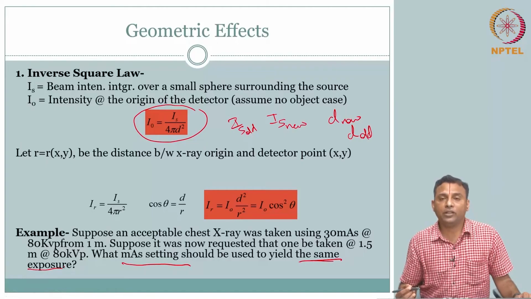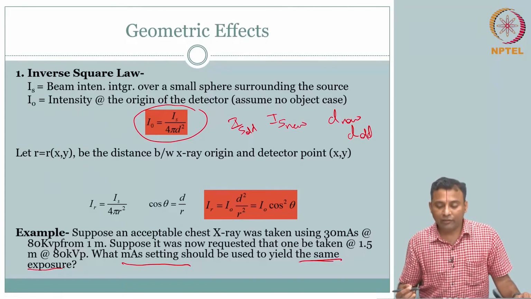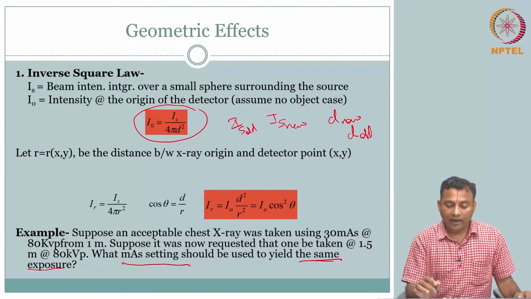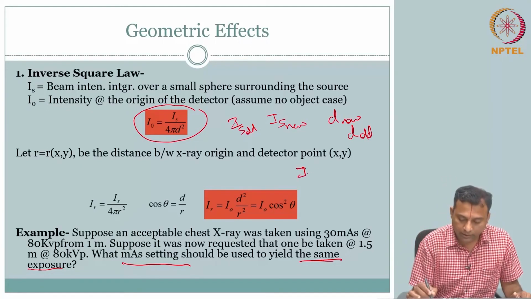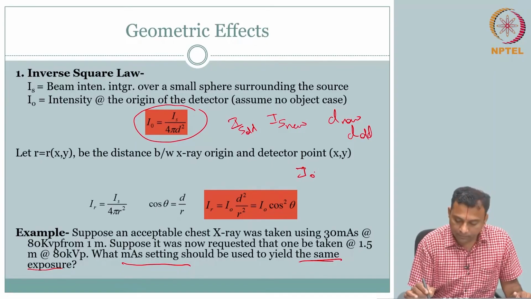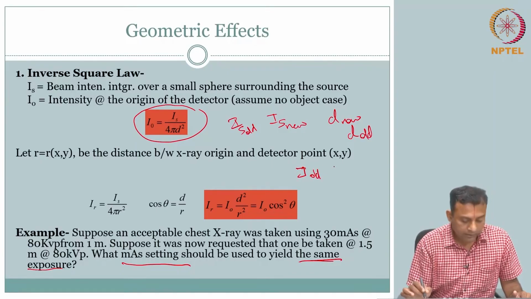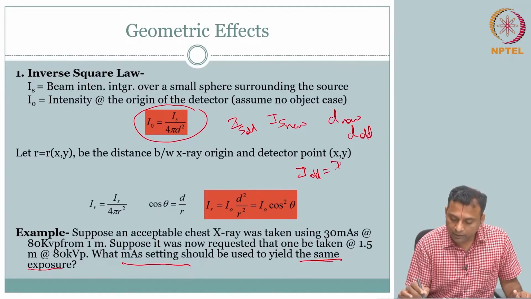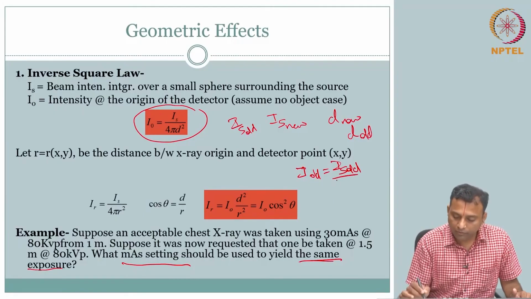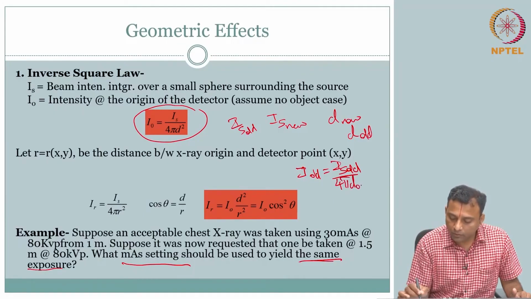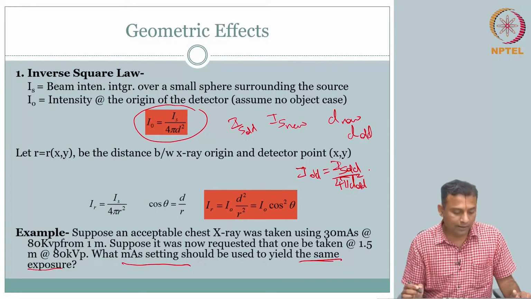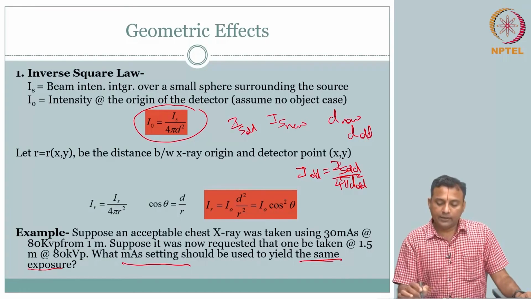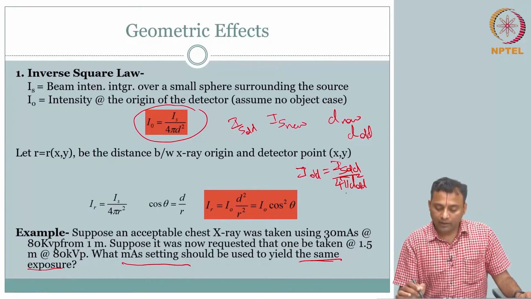So you can say it's all proportional. I old is nothing but your IS old by 4 pi D old square. Likewise, you can write it for new as well: IS new, I new, D new.